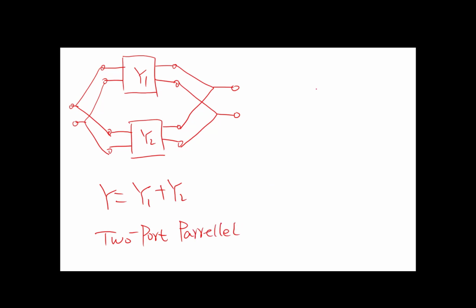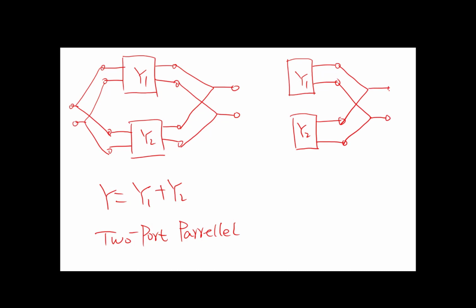Actually, we have named the one-port network parallel before. This is one port, Y1, Y2. This is one-port parallel, the common parallel we have learned before in the undergraduate course. So this will also be Y1 plus Y2. This is one-port parallel, and this is two-port parallel.